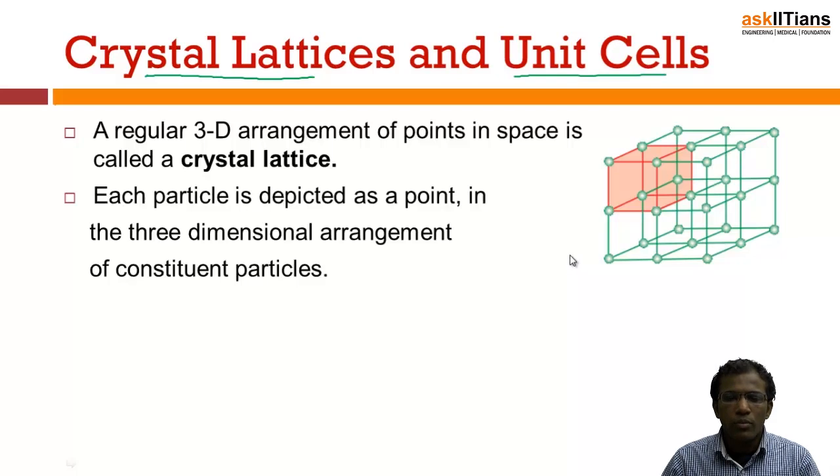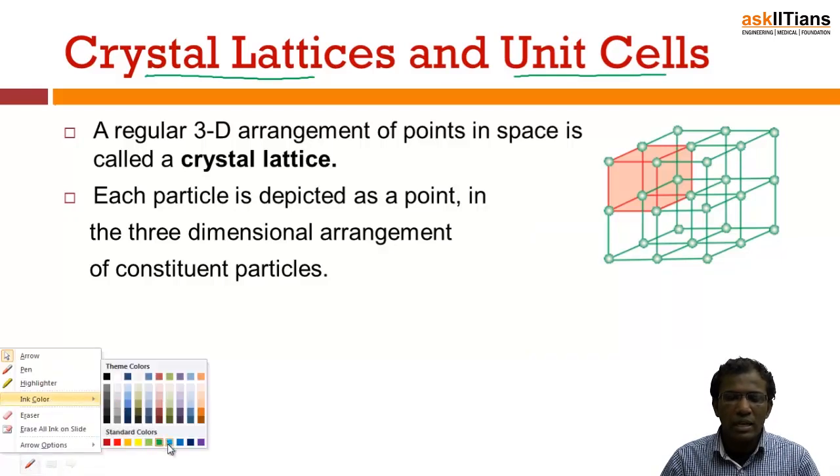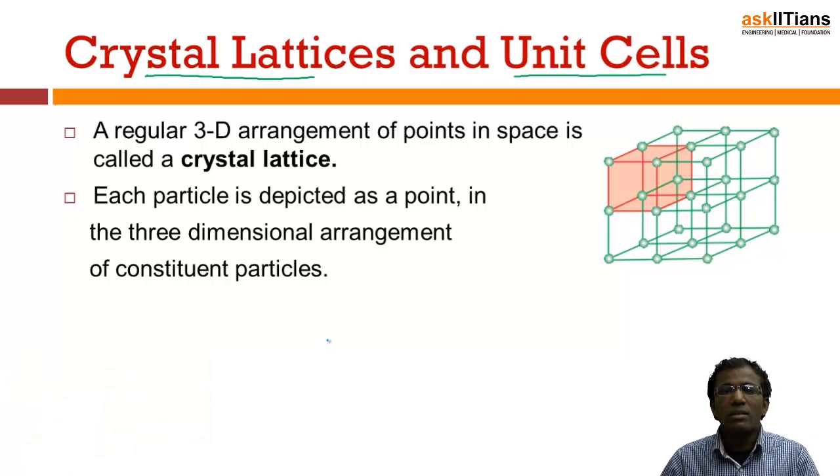Here each particle is depicted as a point. The particle may be an atom, a molecule, or an ion. In ionic solids, the particles are ions. In molecular solids, the particles are molecules.